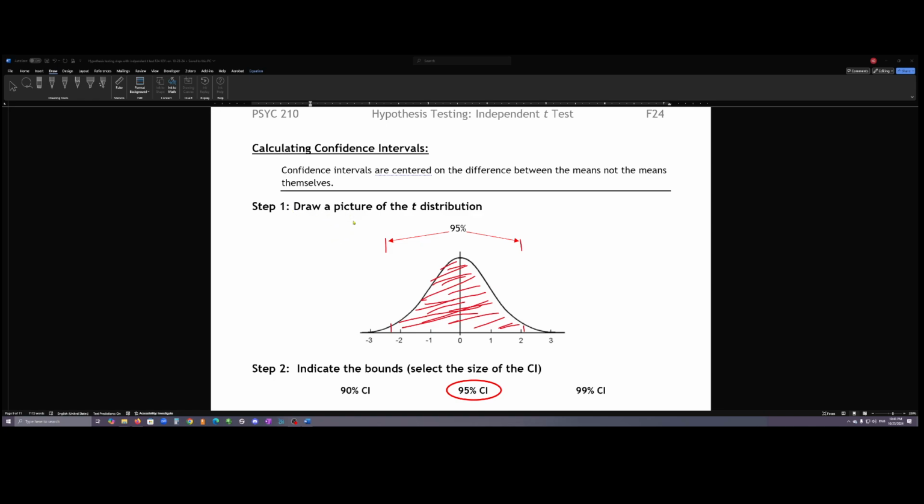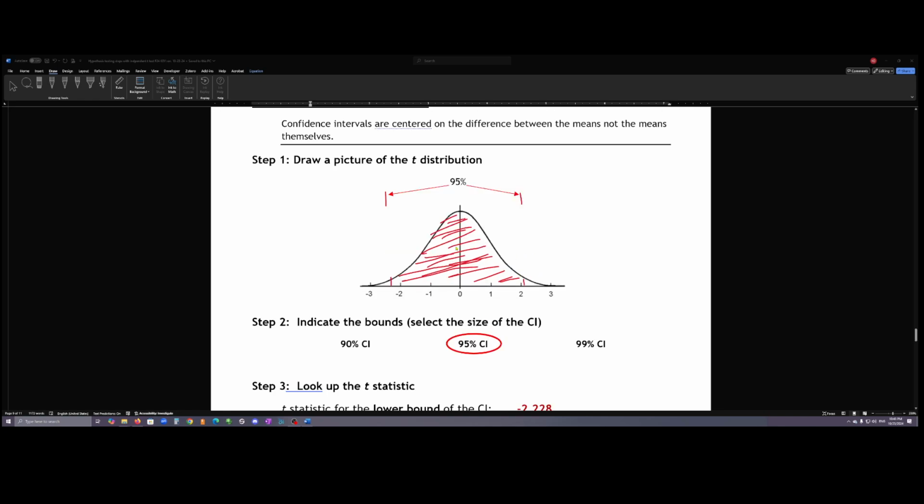So, again, first thing we do, sketch a distribution. We sort of mark off the size of this confidence interval, which we're going to go with the 95% to complement our hypothesis testing. And because it is by tradition the size of the confidence interval that's typically reported, I've got that marked off.